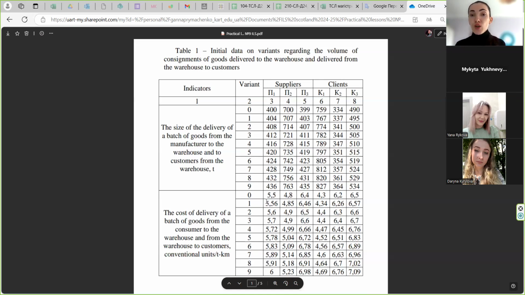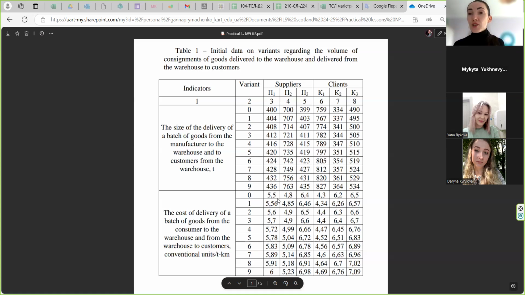It is our third column in our table and the last line in our table, the cost of delivery. So multiplying the parameters, we find first the cost multiplied by the distance from the manufacturer to the first suppliers.